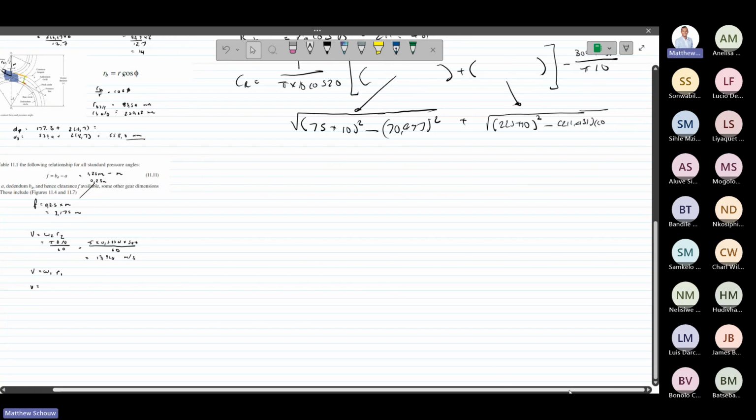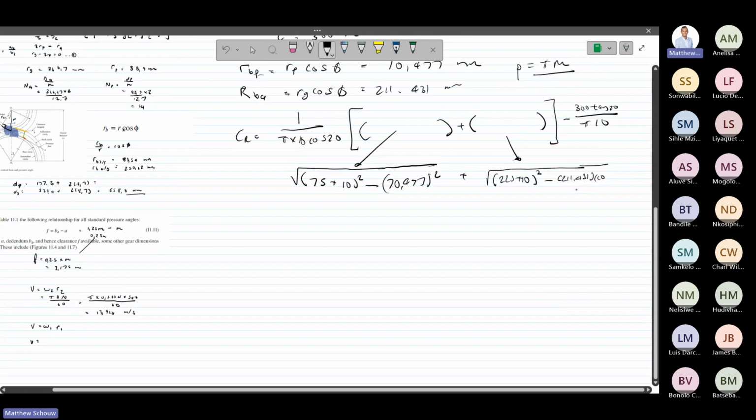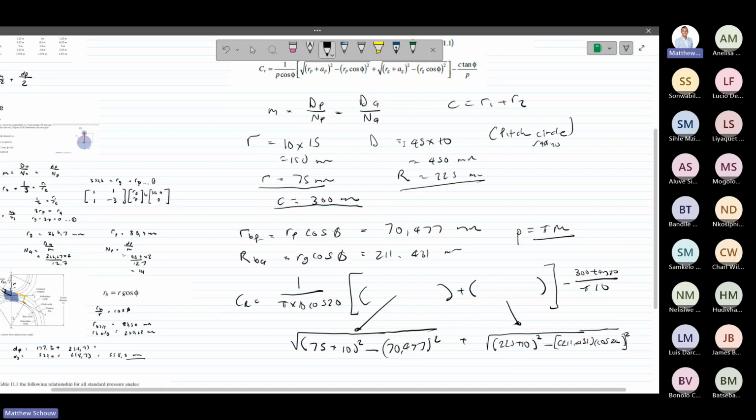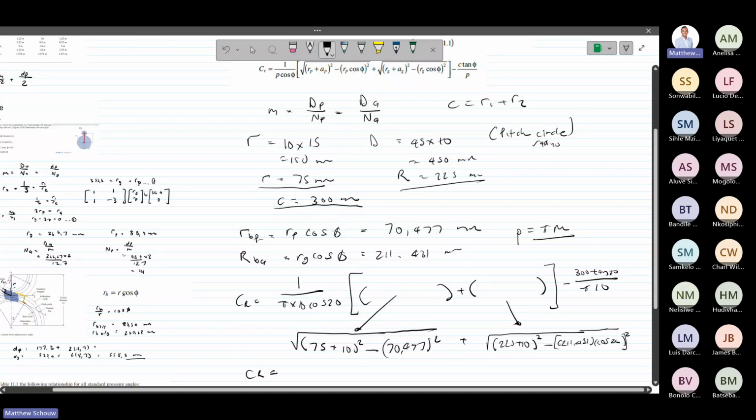So guys, don't feel overwhelmed. All we're doing is finding something called the contact ratio, which tells us how many pairs of teeth are in contact. That's all. Let's quickly do that, and just tell me what contact ratio you get. And don't forget to add the 10, 20, and all of that. I'm waiting on that answer from you guys.